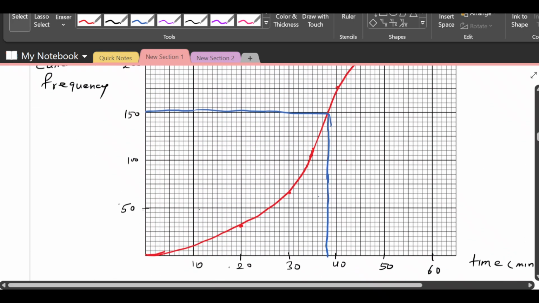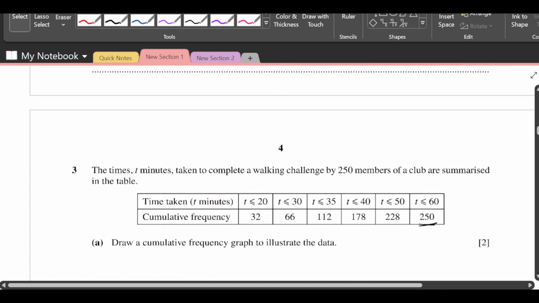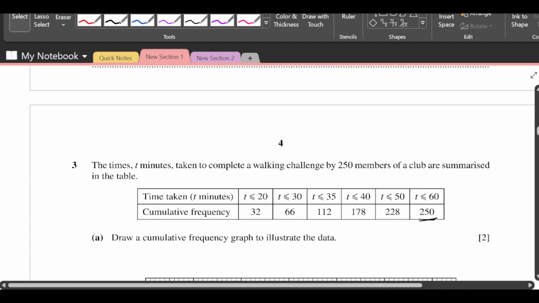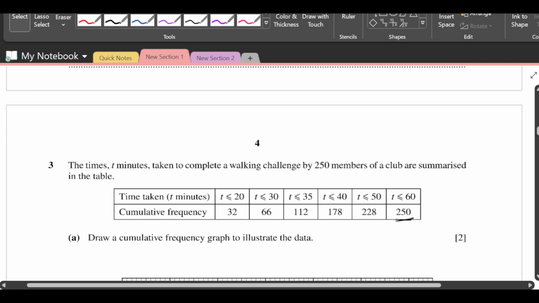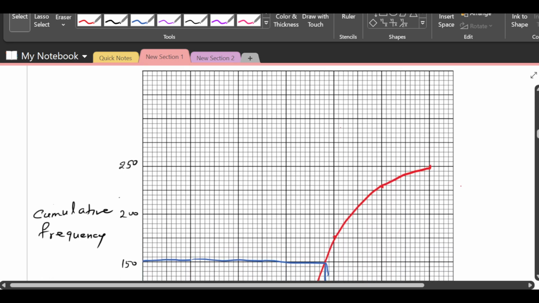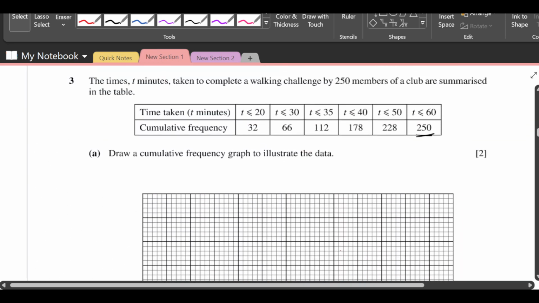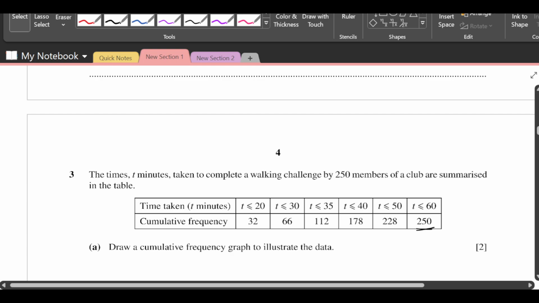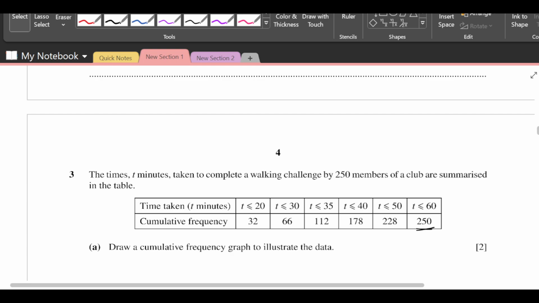The next mid value after 35 is 37.5, and the frequency is 178 minus 112, which is 66.